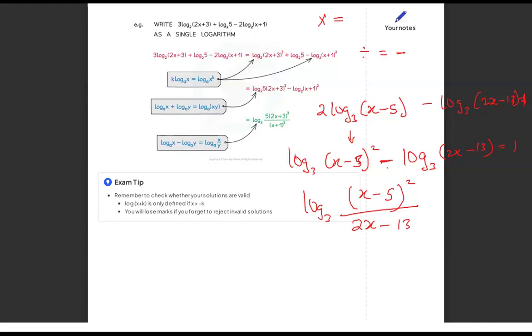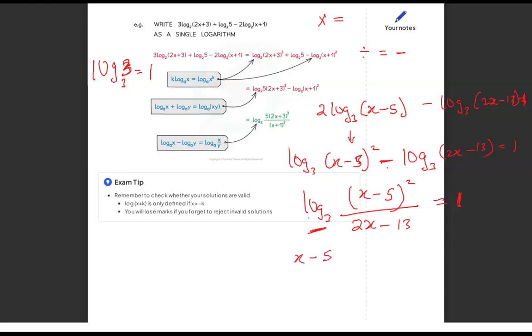So if you want to remove the log from this side, you move it here.